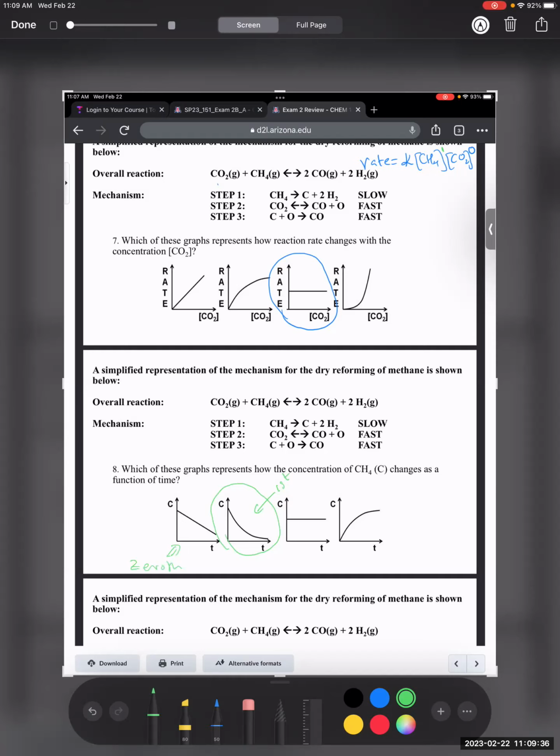Okay, the idea is the slope or the rate of the reaction does not change with time. Even though the concentration decreases, the rate is the same. And that is what we have in 0th order reactions.